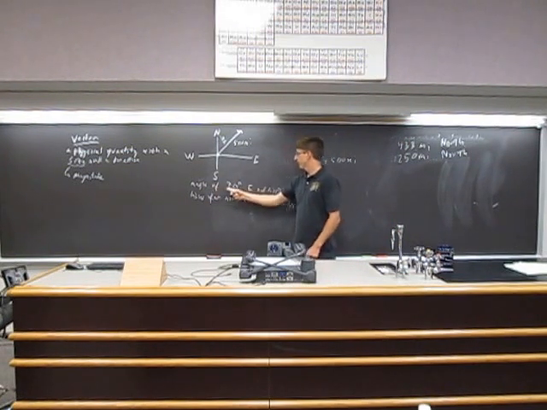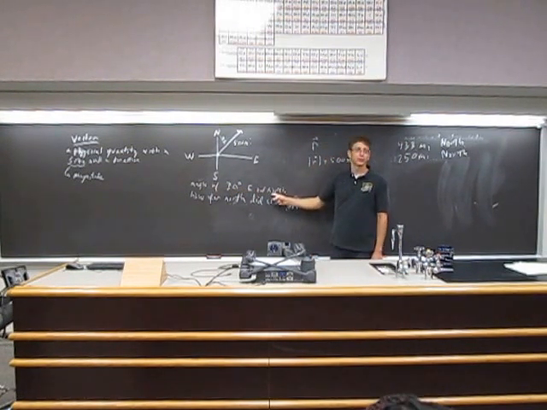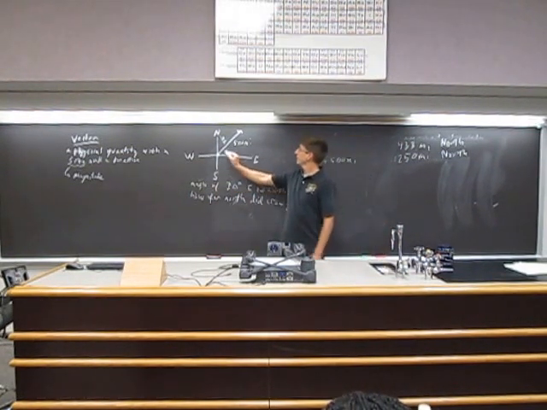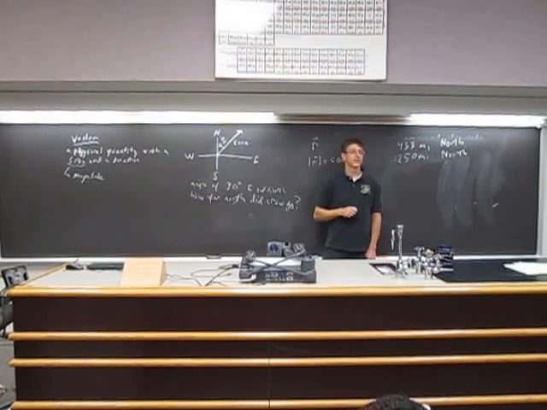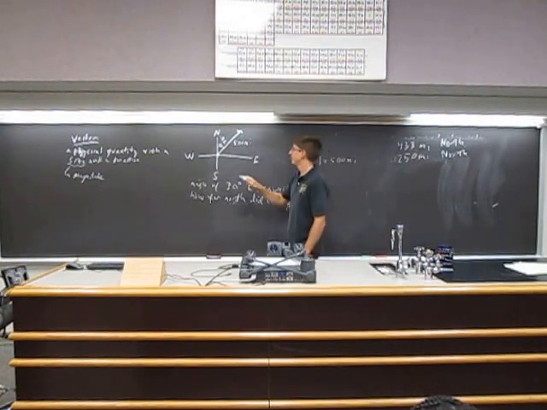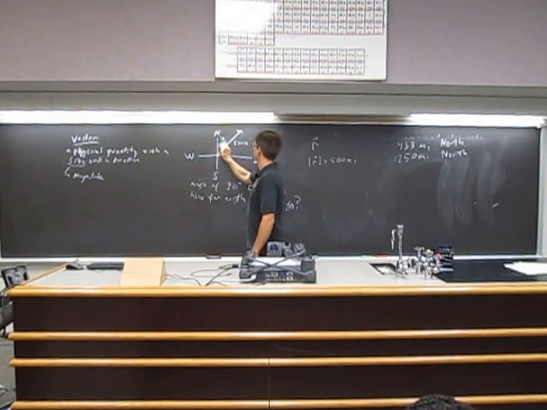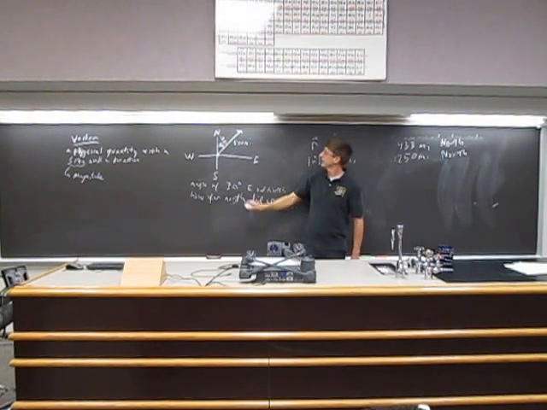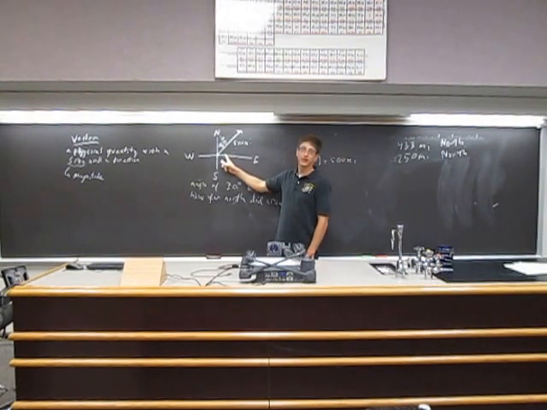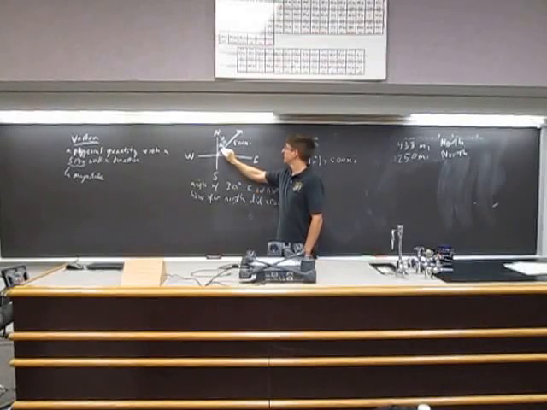If I read this angle of 30 degrees east of north, that means that this angle is the angle in question. That's the 30 degrees. And since there's a 90-degree angle between north and east, that would make this angle 60 degrees.